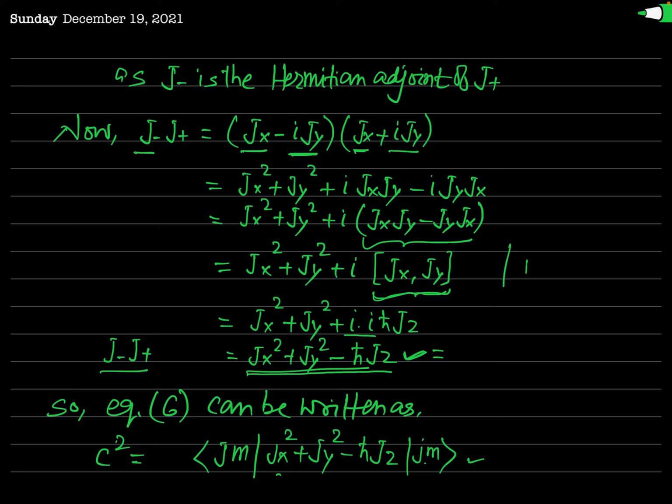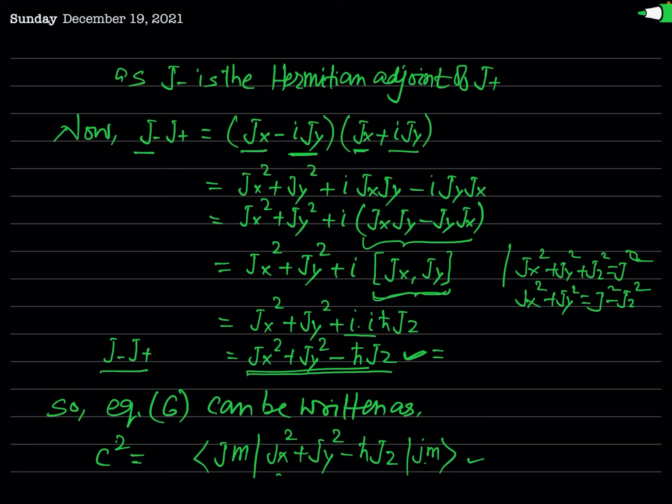As you know, Jx square plus Jy square plus Jz square is equal to J square, and from here you can write Jx square plus Jy square equal to J square minus Jz square.